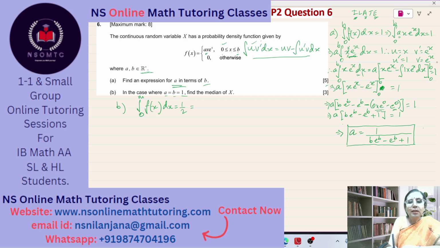And what is f of x? The expression, since e is equal to 1, is the integral from 0 to m of x times e to the power of x dx, equal to half.